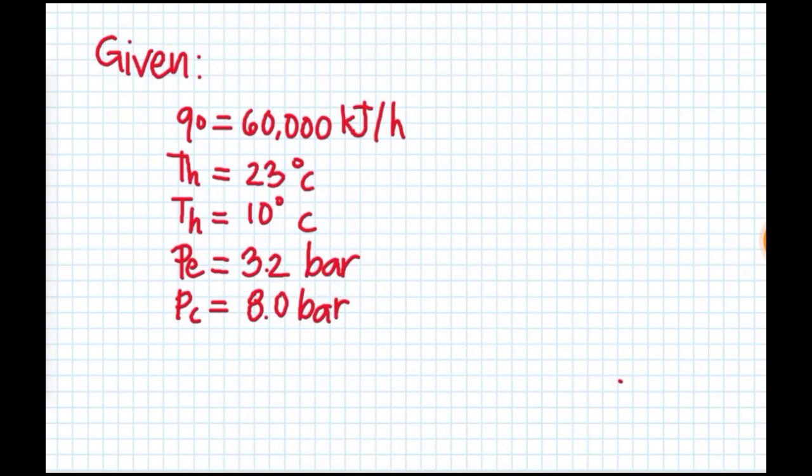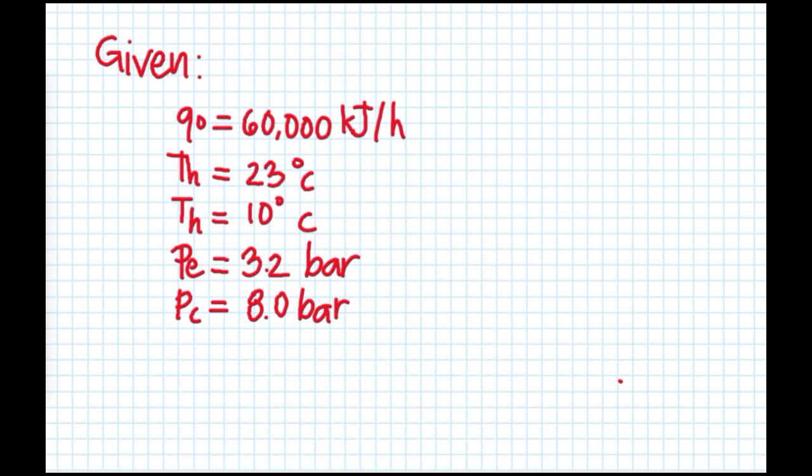Before we start to solve our problem, these are our given values. First, the rate of heat loss is equal to 60,000 kilojoules per hour. We also have the temperature at which the house is maintained, equal to 23 degrees Celsius, and then the temperature of the underground water, equal to 10 degrees Celsius.